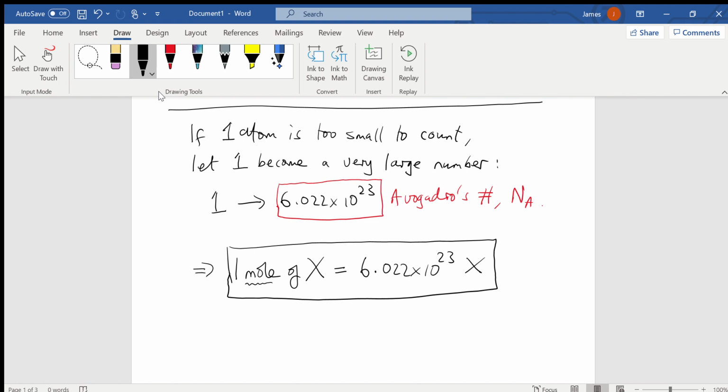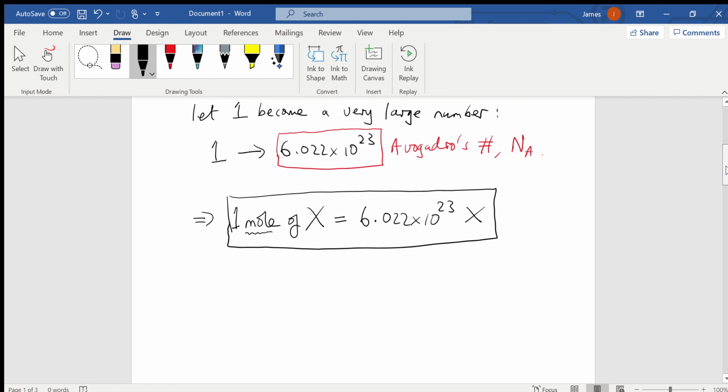So 1 mole, let's make this look like a 1. 1 mole of something is Avogadro's number. 1 mole of potato chips is Avogadro's number of potato chips, etc. That would be a lot of potato chips. Okay, so that's a definition.